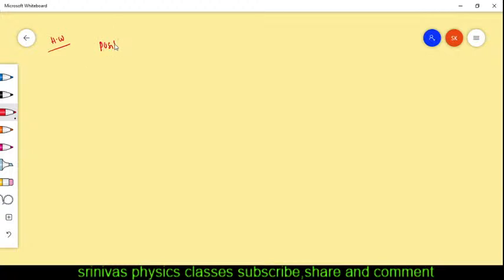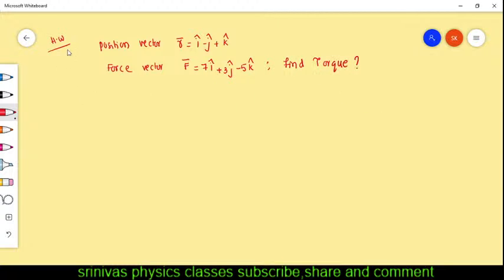They gave a position vector r bar equal to i cap minus j cap plus k cap, and the force vector f bar equal to 7i cap plus 3j cap minus 5k cap. And the question is asking to find the torque. Find the torque, right? This is the first question.